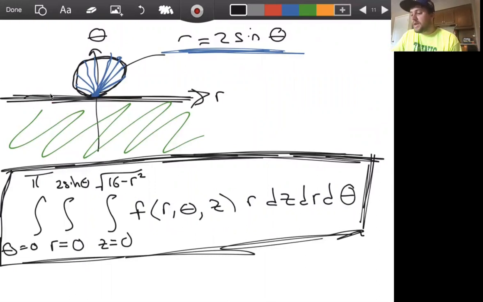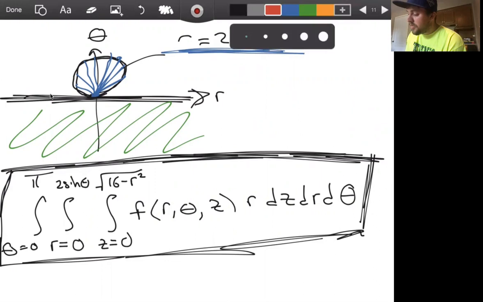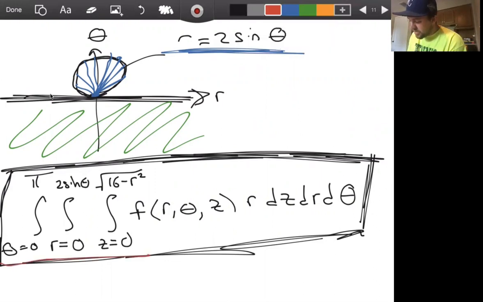Okay, and the last thing I'd like to talk about in cylindrical coordinates is switching the order of integration, because Fubini's theorem says that we can take the triple integral in any order we want.